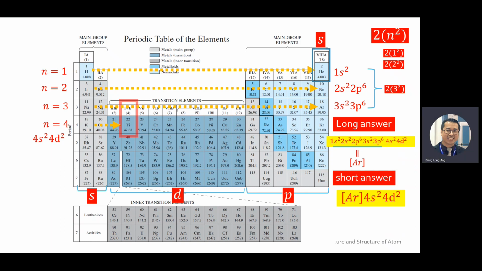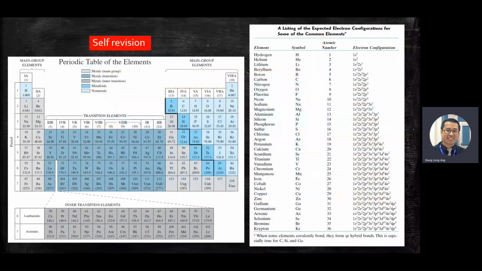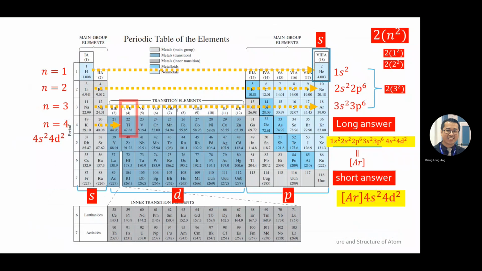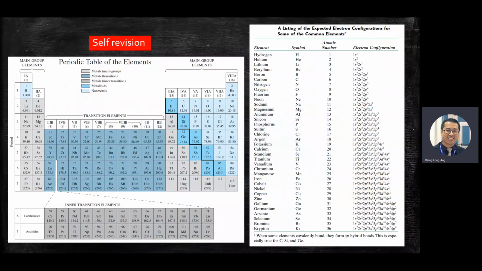They jump to 4 already for titanium. Okay, so these are the answers for self-revision. You can see titanium is here. The full answer is this one, but you can represent this one with argon.